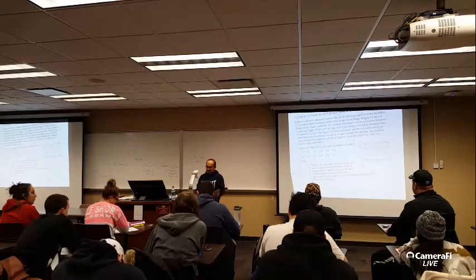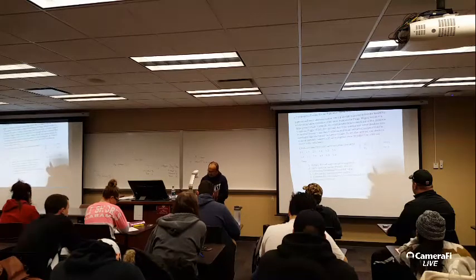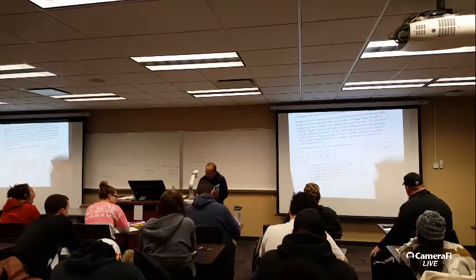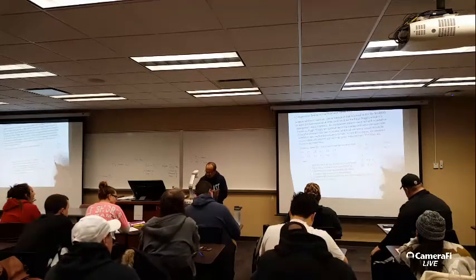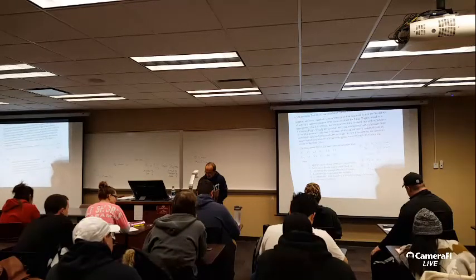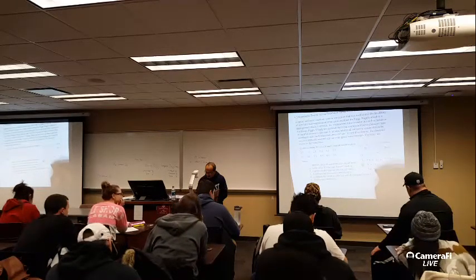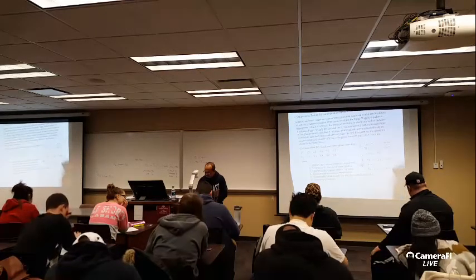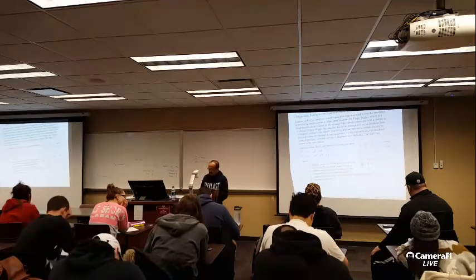I made a mistake. The number n is only 12. So we cannot use z. We have to use t. t alpha, and then degrees of freedom n minus 1. So t 0.05, degrees of freedom 11. So what is the value?